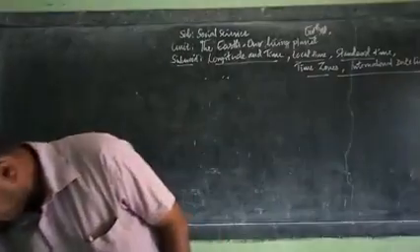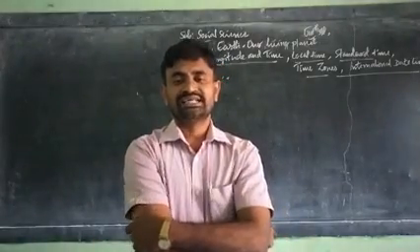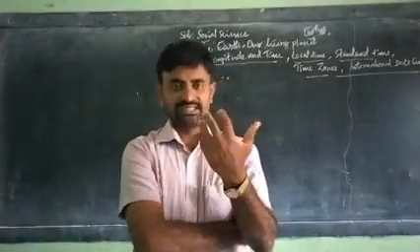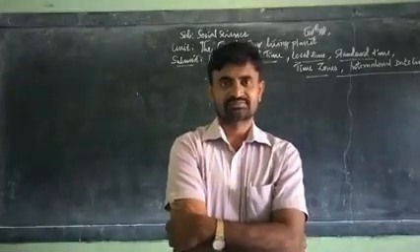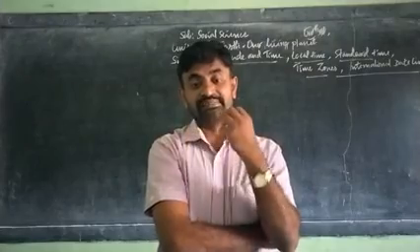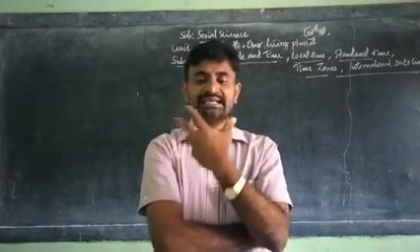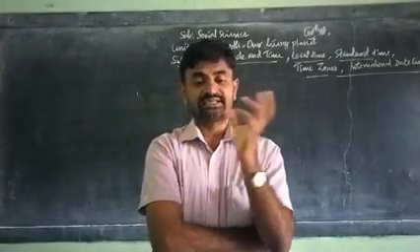Dear students, in yesterday's class we already learned the meaning of longitude. Can any one of you remember what longitude means? Yes, definitely. Longitudes are imaginary lines that intersect the equator at right angles, joining the north and south.